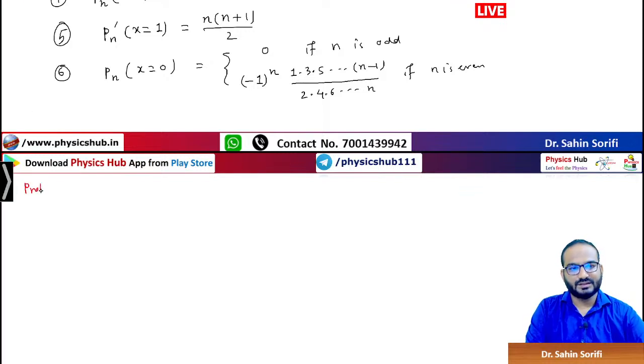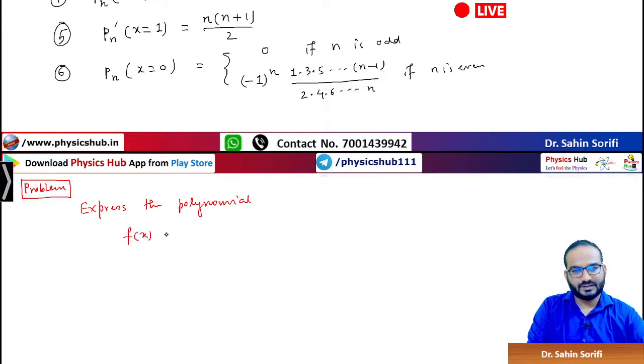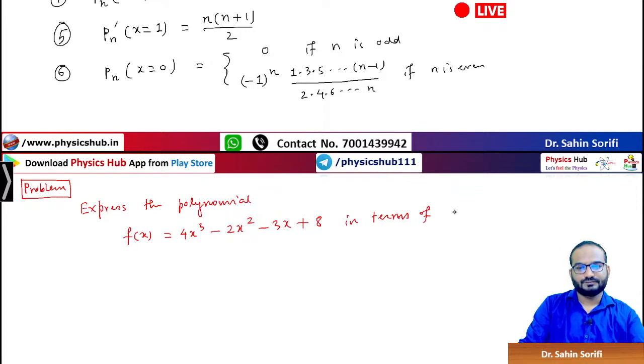So we have a problem like this. Express the polynomial given by f of x equals 4x cube minus 2x square minus 3x plus 8 in terms of Legendre polynomials.